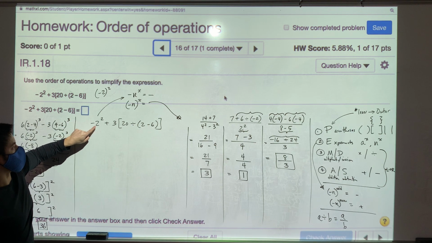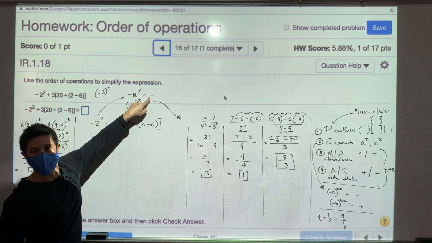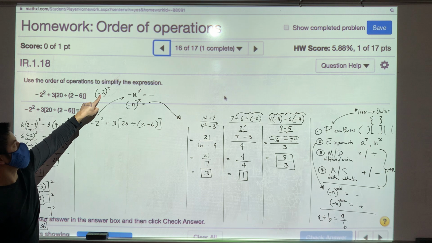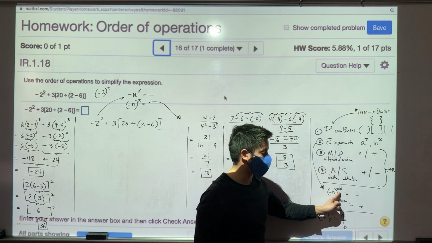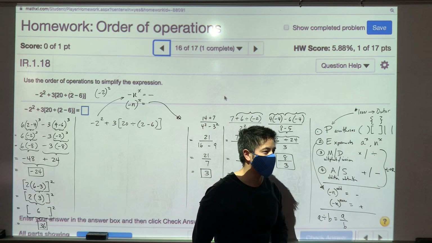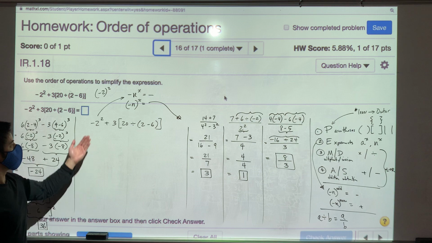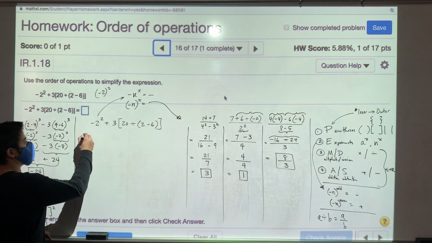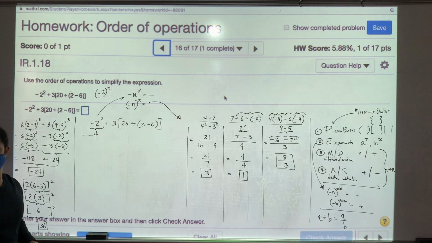When the negative sign is outside of parentheses like this, you're always going to be negative. If it's inside, then look at the power. Is the power odd or even, and follow that. Okay? This is tricky. So this one should be a negative 4.